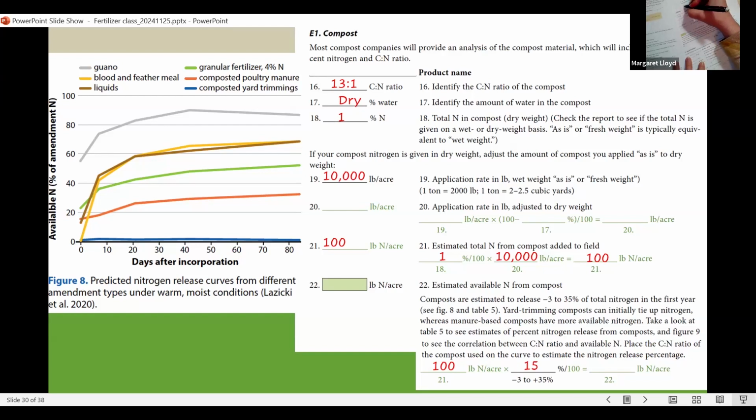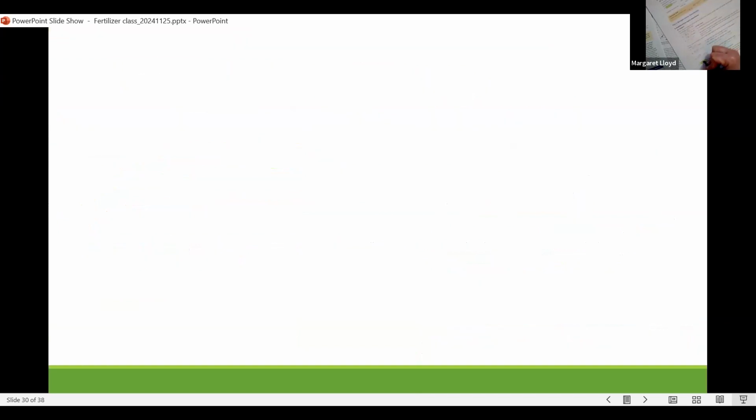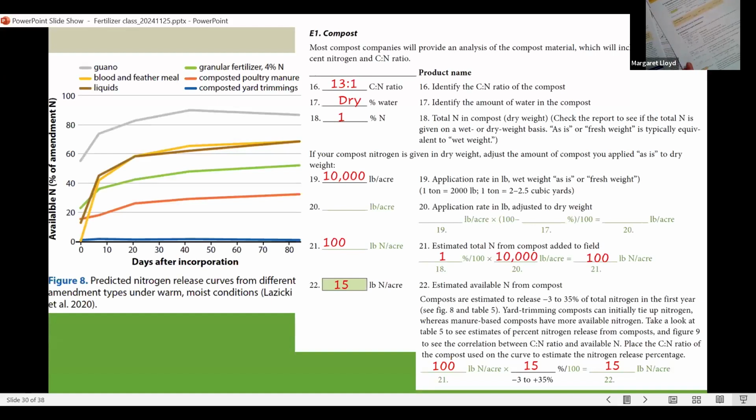So I took 100 pounds times 15%, and that left me with 15 pounds. So I'm going to estimate that from this 50-50 manure yard trimmings product that I added at 5 tons to the acre, I'm going to get about 15 pounds in the short term.